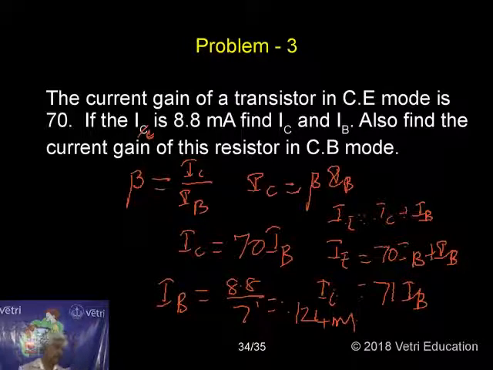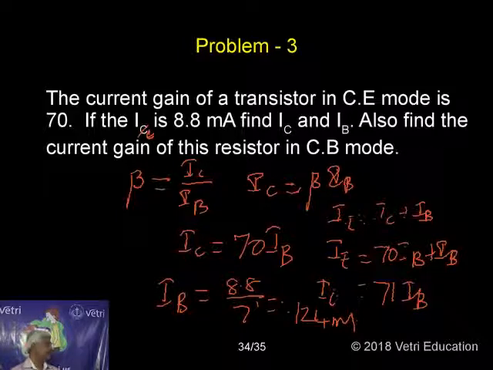You put IC as 70 IB, 71 IB is equal to IE, from which IB can be calculated. Once we know IB, substituting here, IC is equal to IE minus IB, therefore 8.8 minus 0.124 will give the value of IC.